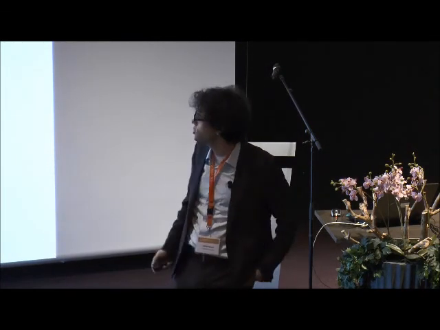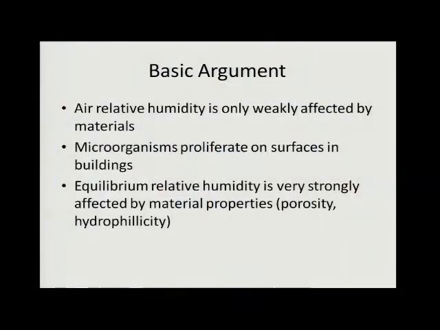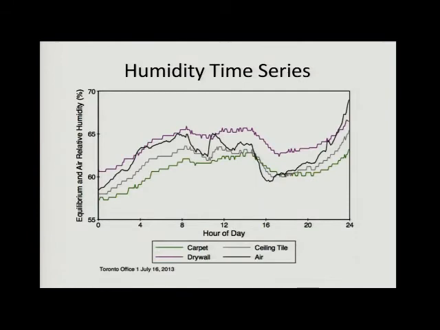And so if you make this equilibrium relative humidity measurement where you're coupled very strongly to the material, then you start to see the material properties, so things like the porosity and the hydrophilicity are very important.